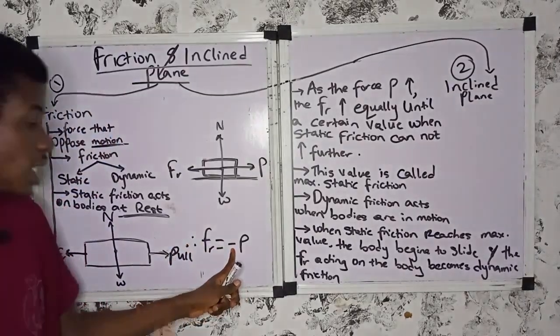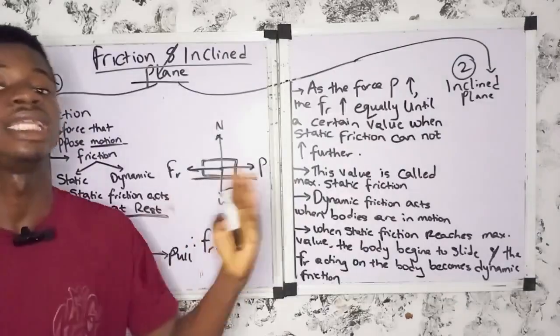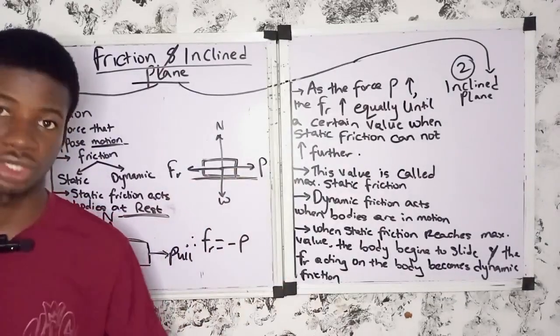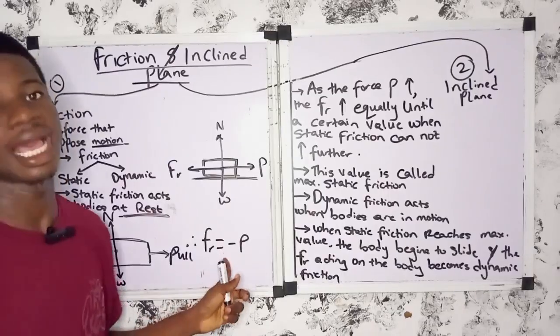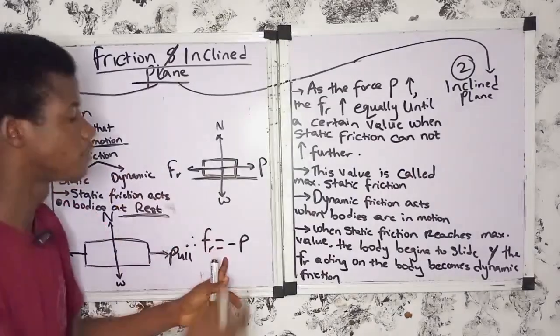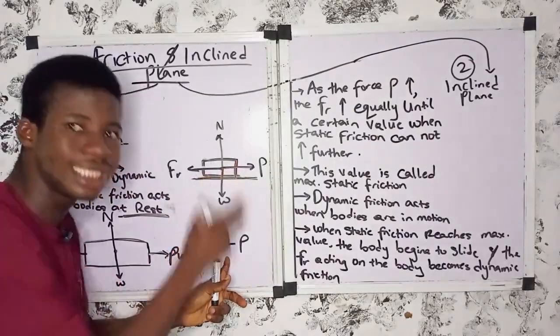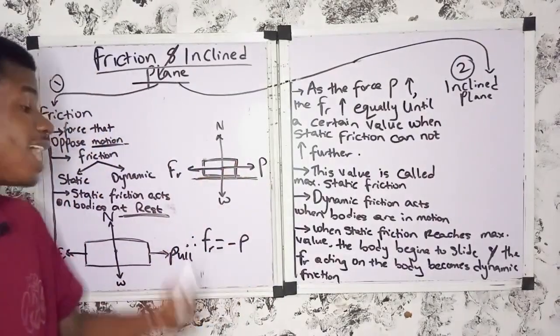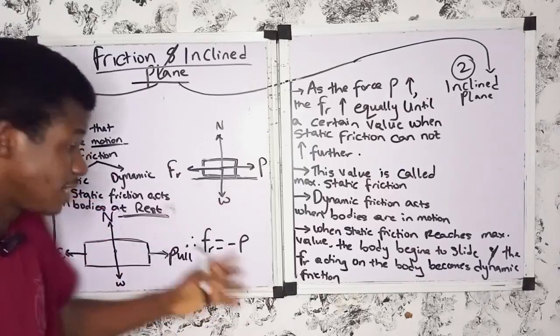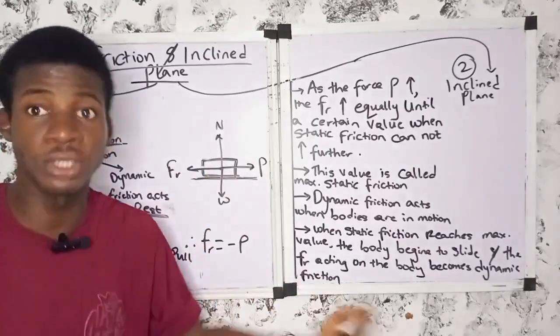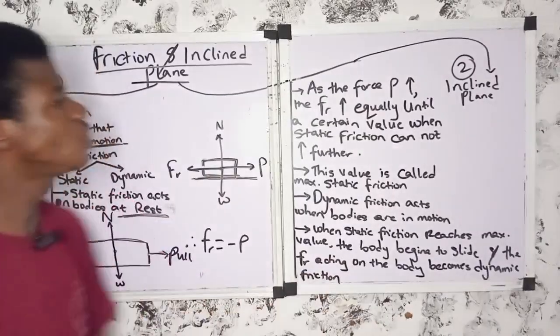The negative sign shows that the two forces are opposite to each other, but they are equal. That is why this object is stationary. Now if this pull force is greater than the frictional force, the body will slide, the body will start moving. Okay, so let's continue.